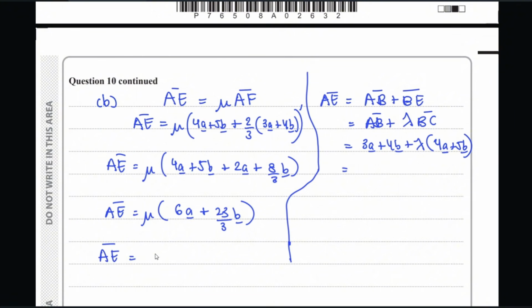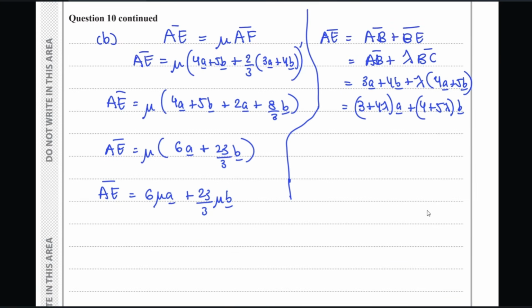AE is equal to 6 mu A plus 23 over 3 mu B. And on the right side, I'll group all the A vectors together. So that's going to be 3 plus 4 lambda A plus 4 plus 5 lambda B. So that's another expression for AE.